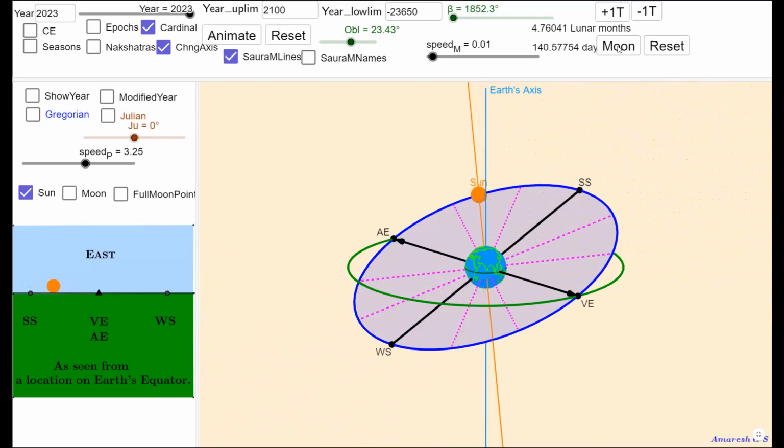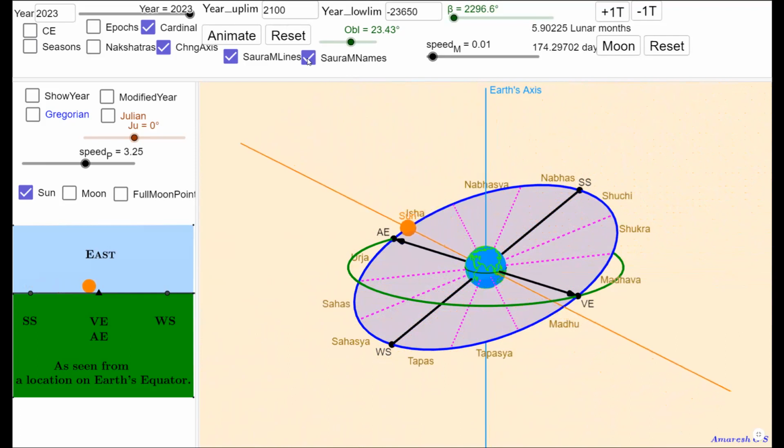Now, these solar months in ancient Indian times had very specific names. That's what I'm showing right now. Those names were in use, and we do not know exactly when we lost that tradition.